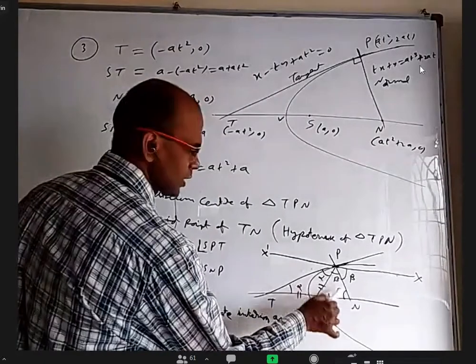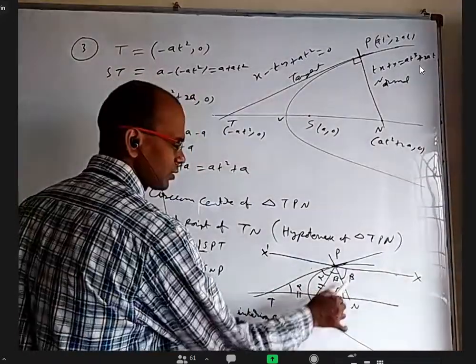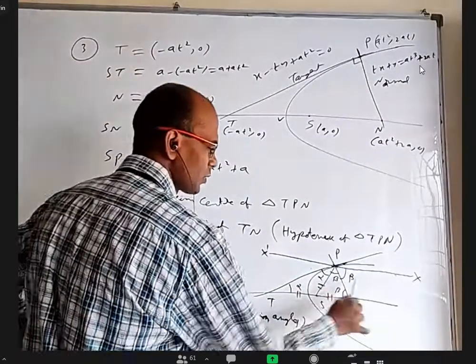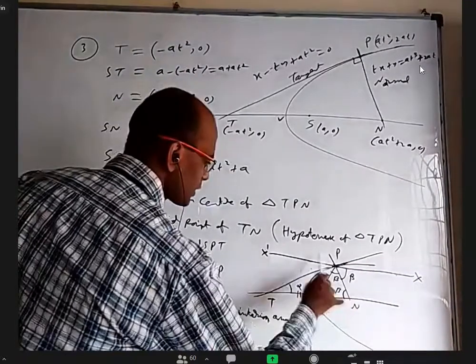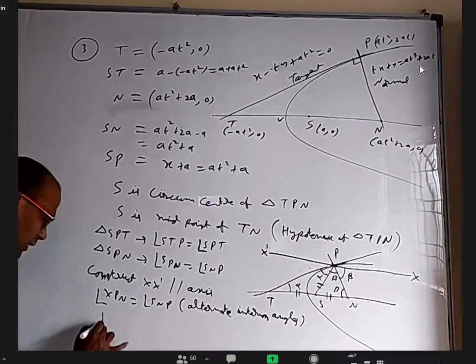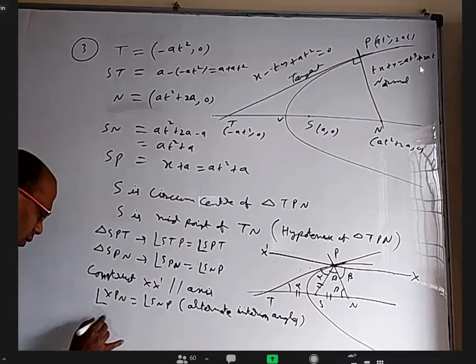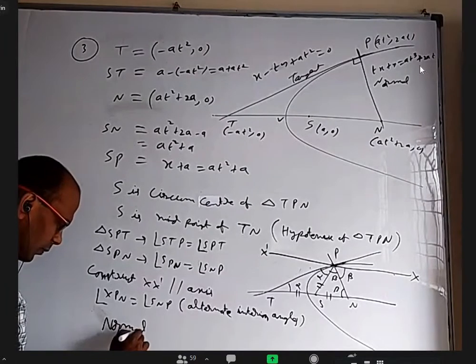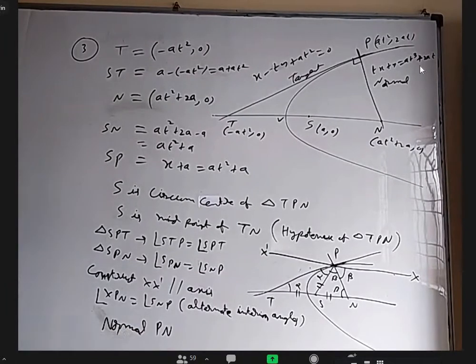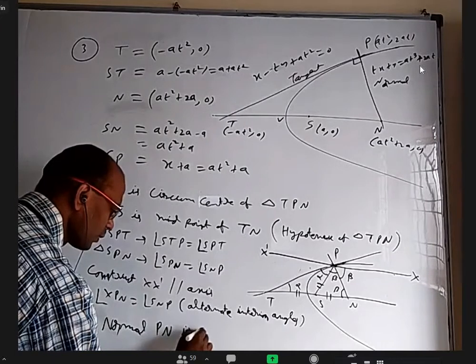Okay, so these two are equal because of isosceles triangle. These two are equal because of alternate interior angles, and that means these two are equal now. Okay, so now because these two are equal, I can say PN, that is normal PN, is it visible here?